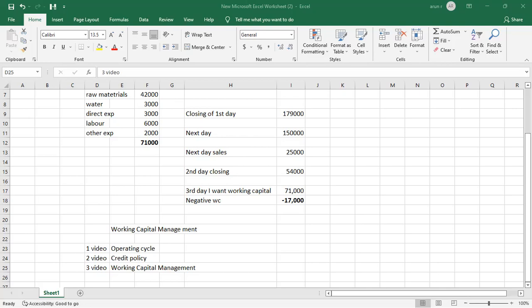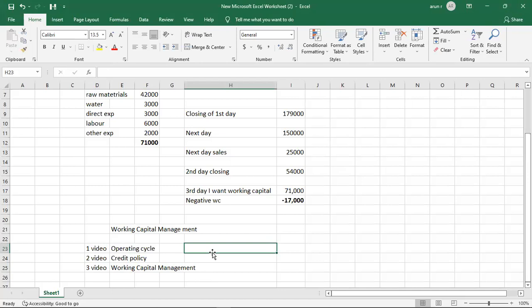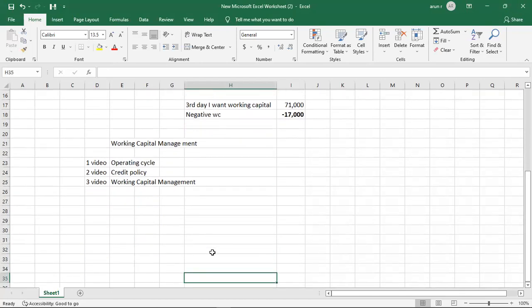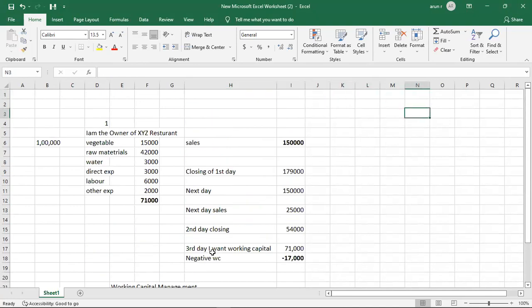I share the screen. In the operating cycle, first understand the practical reason. Without working capital management, the restaurant will struggle one day.